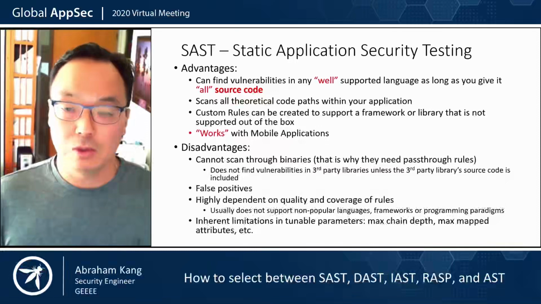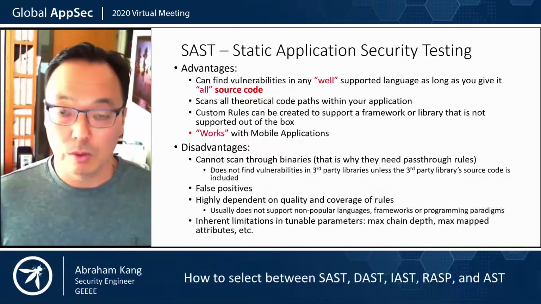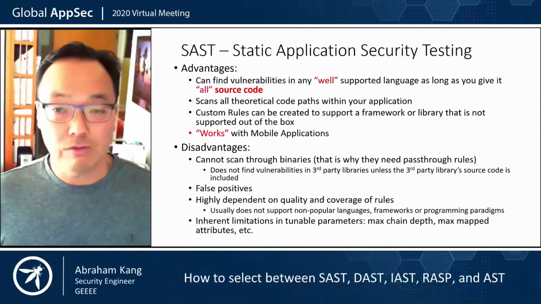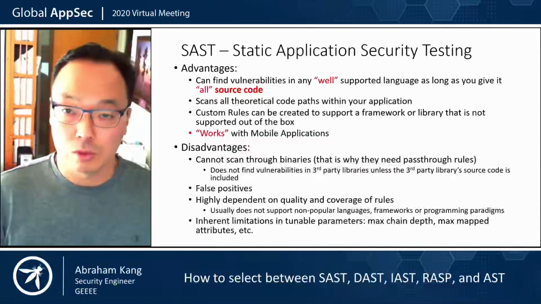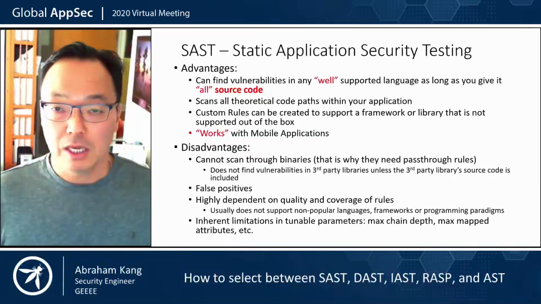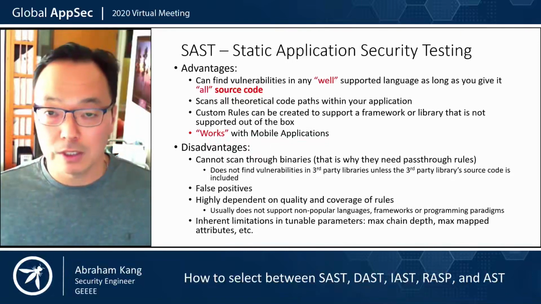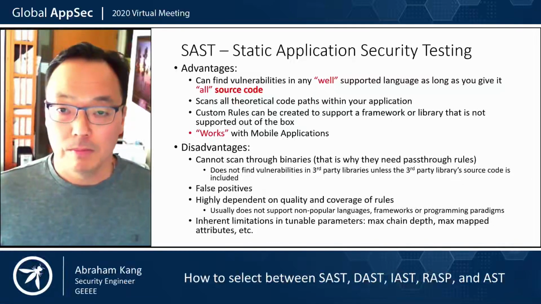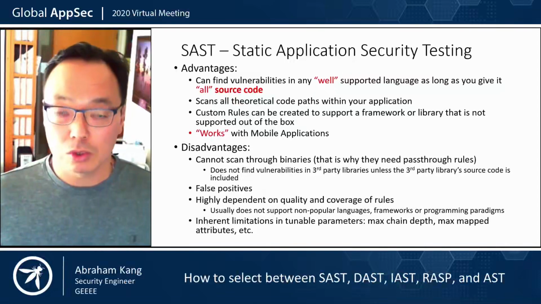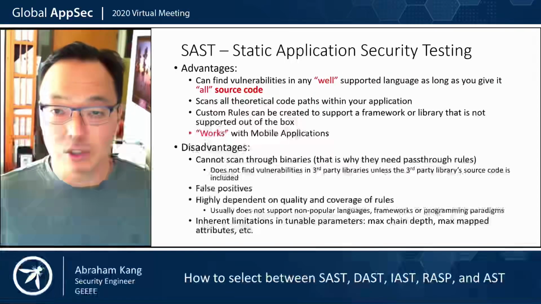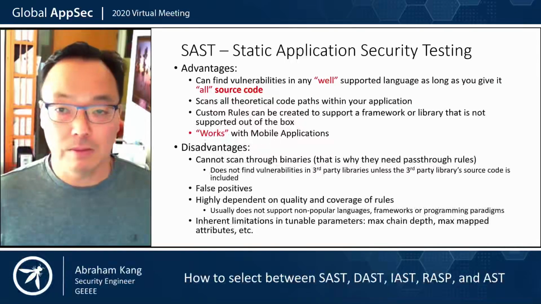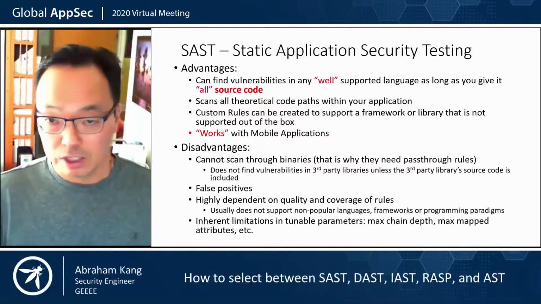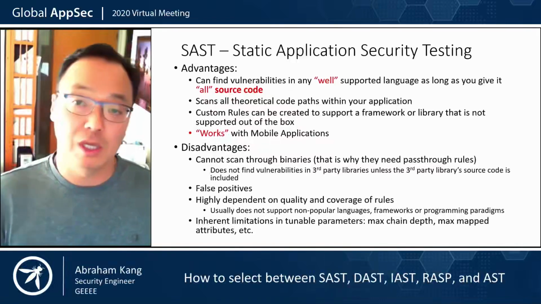Now, when I say you give it all the source code, what I mean is that if you have third-party libraries, one of the functions of a static analysis tool is to do data flow analysis. And if your data flow happens to go through a third-party library that's only in binary form, and it doesn't have pass-through rules, then the data flow analysis stops there. And it won't find any vulnerabilities where the data flow passes through those libraries and ends up in a sink.